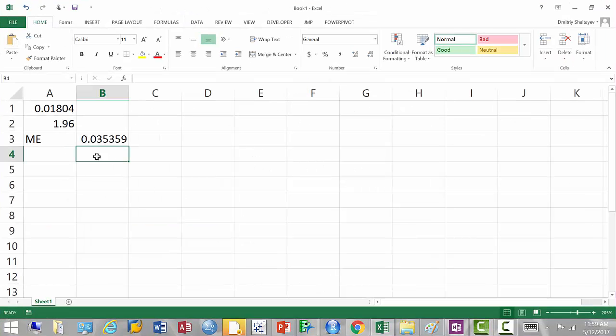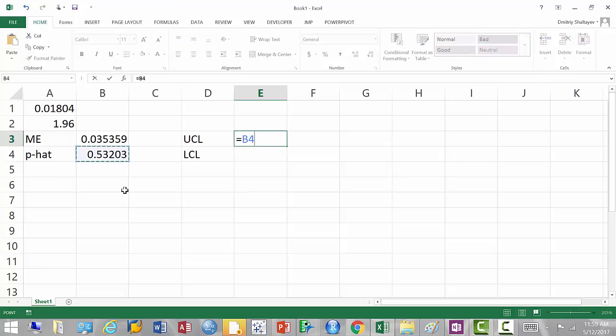All right, so here's my margin of error. Here's my p hat, 0.53203, and my upper confidence limit and lower confidence limit are actually, I take p hat plus margin of error that gives me the upper, 56%, that's my upper estimation, and my lower estimation is p hat minus the margin of error.